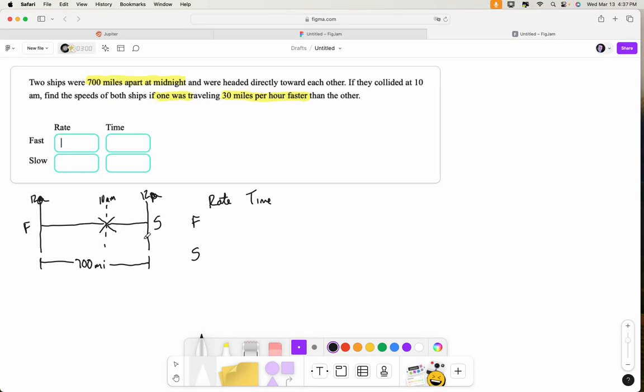That's going to be 10 hours. So our time is 10 for both of these guys. We don't really have to do any math. From 12 to 10, that's 10 hours.